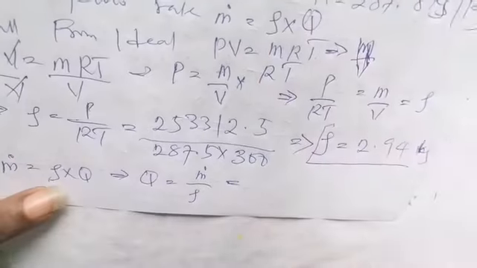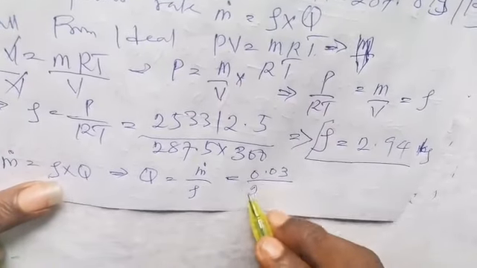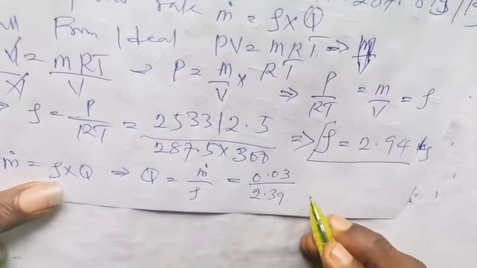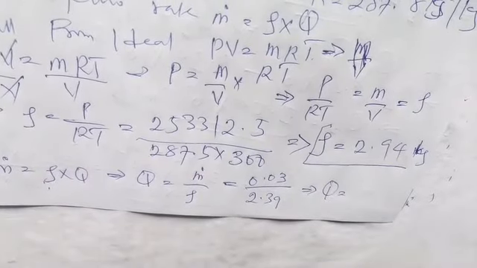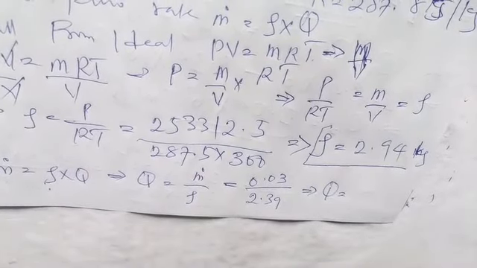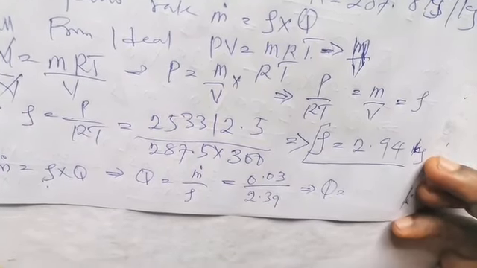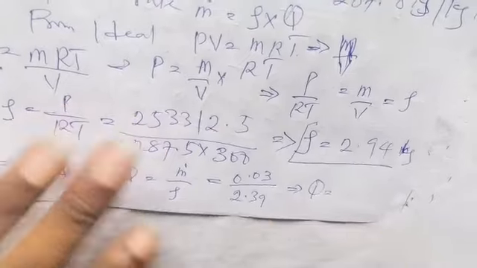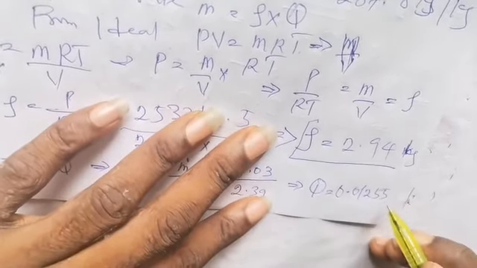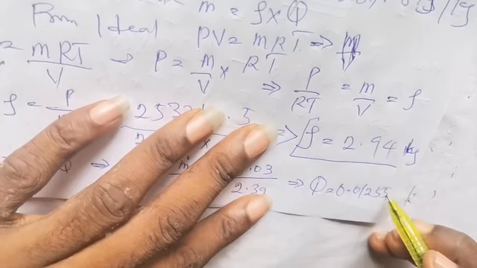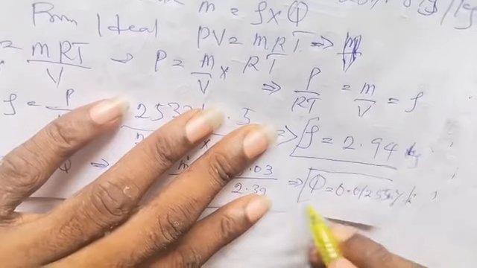So this becomes 0.03 divided by the density, 2.94. So this implies that discharge is equal to 0.03 divided by 2.94. That gives us 0.01255 in meter cube per second. Okay, so this gives me my discharge.